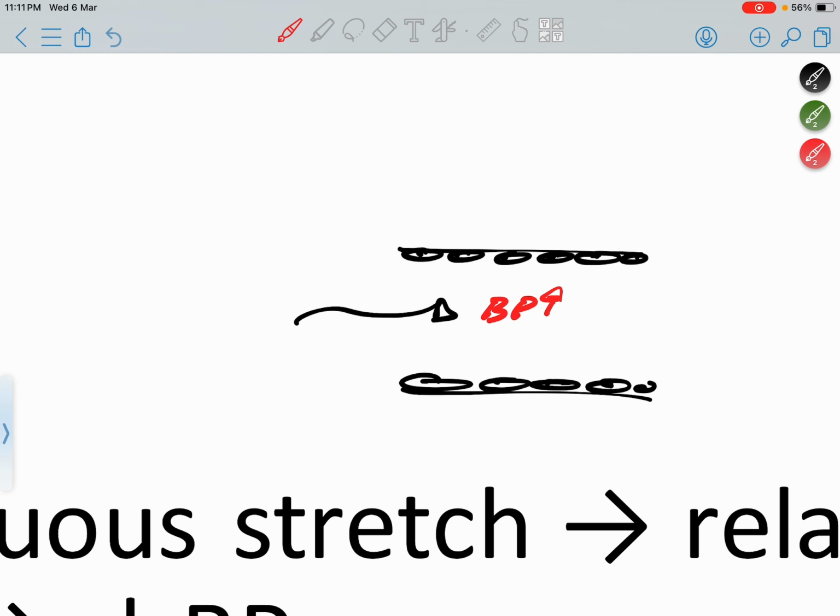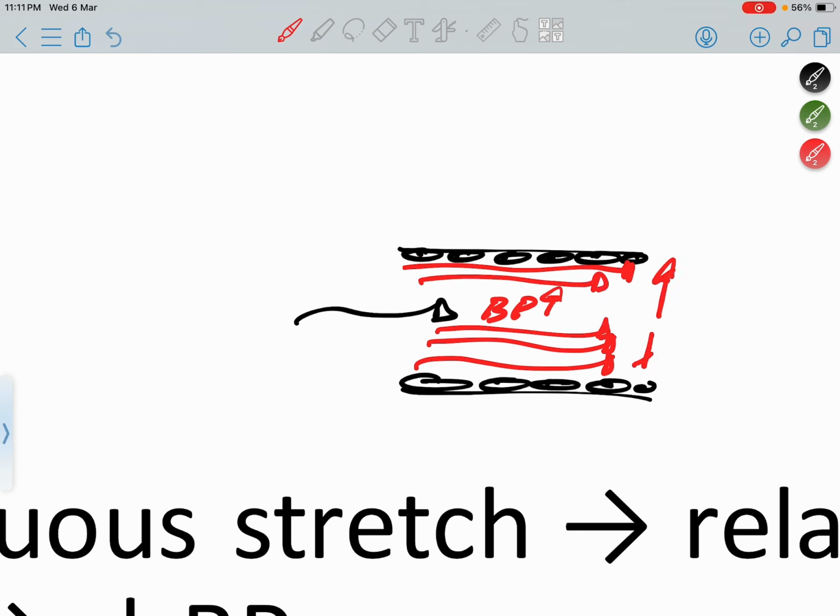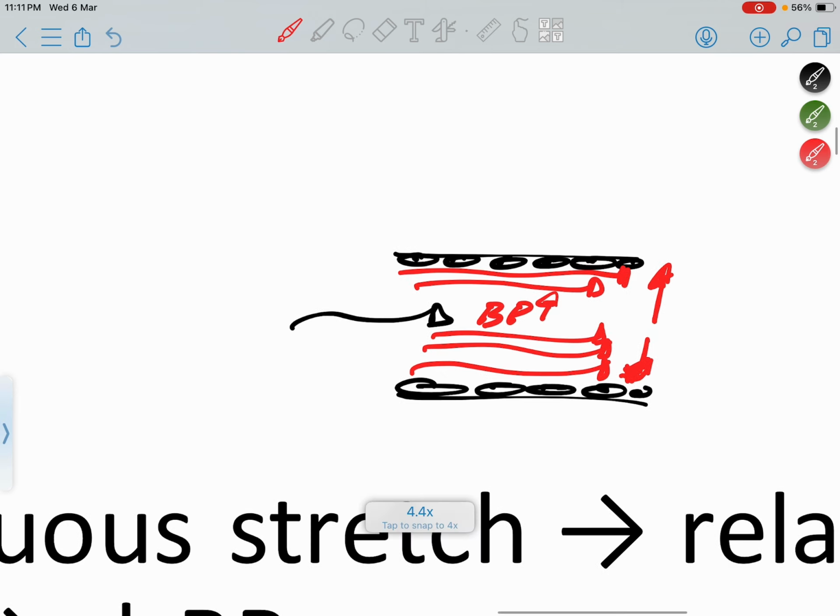When BP is increased, the fluid is traveling like this. A large amount of fluid is traveling like this, so the movement of fluid will cause stretching of the vessel wall.